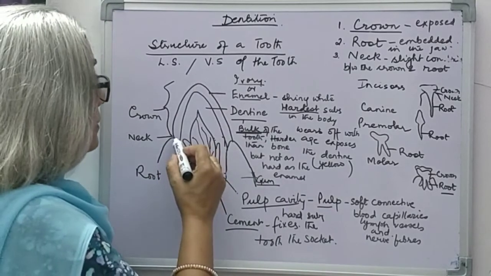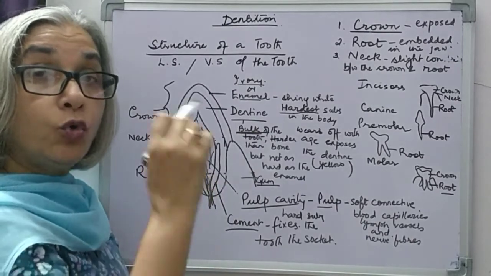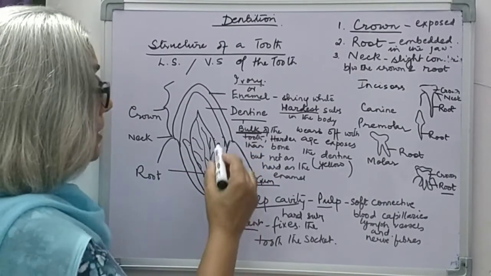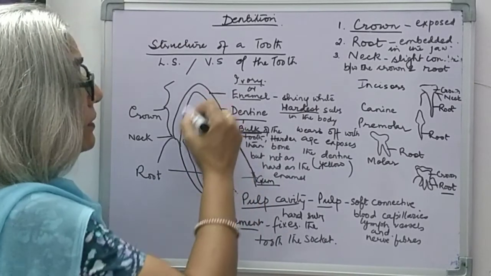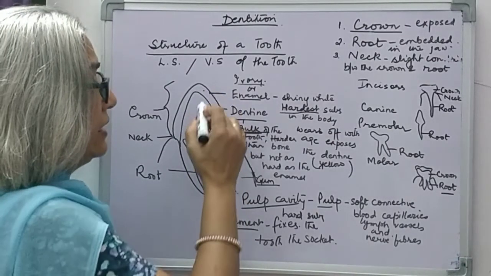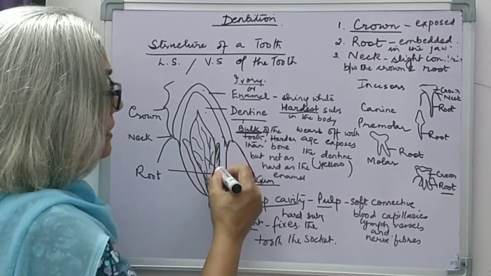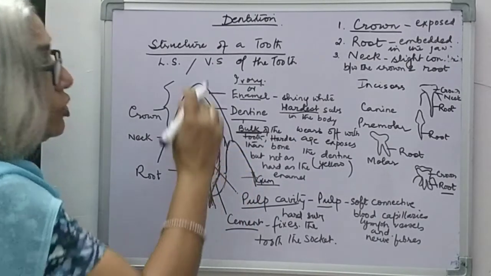That is the slight constriction from where the tooth comes out of the gum. This is the gum. This is the socket, and this is the root, and this is the crown. The outermost layer is enamel, then dentine, then we have the pulp cavity. This is the cement.